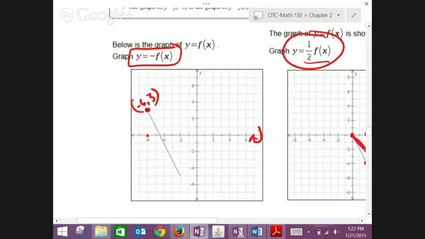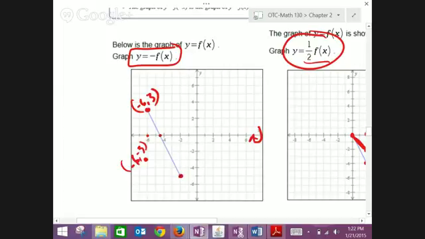Where's this point going to be transformed to? The x doesn't change, so it'd be minus 6, minus 3. Very good. So minus 6, minus 3. Right, this is a line. So the 0, 0 point is going to be 0, 0.